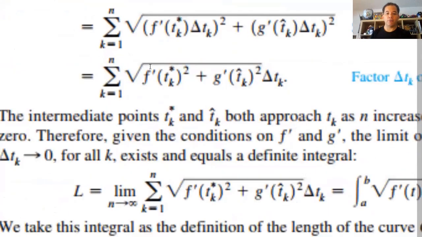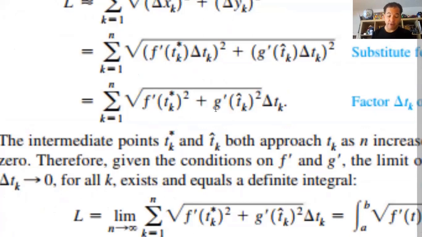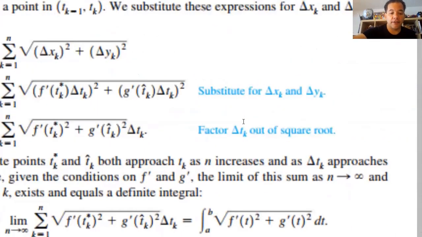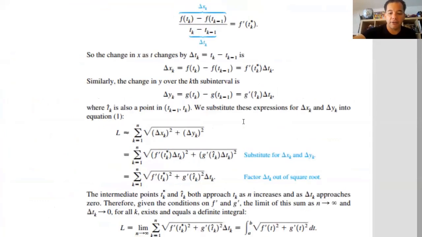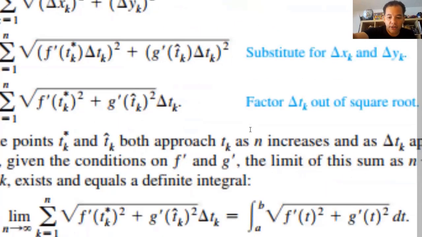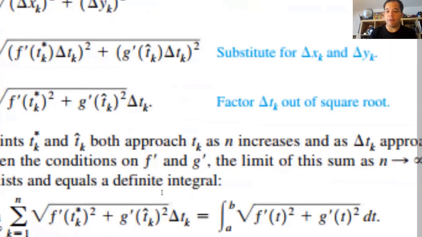Now this one in the center is a Riemann sum, and Riemann sums are great because when n goes to infinity, they become an integral. And this is really the only thing. If you were having trouble following this explanation, don't worry. The only important thing you need to remember is this formula in the very bottom.